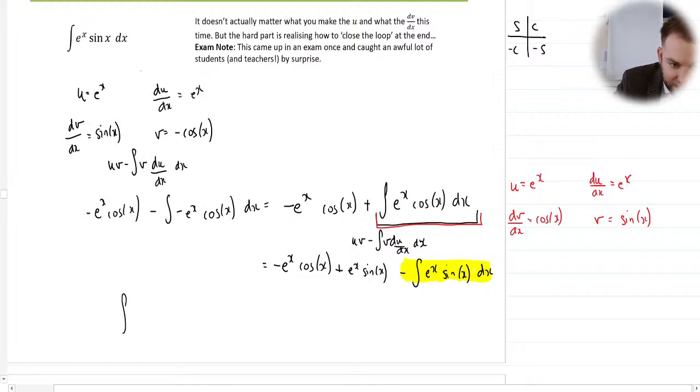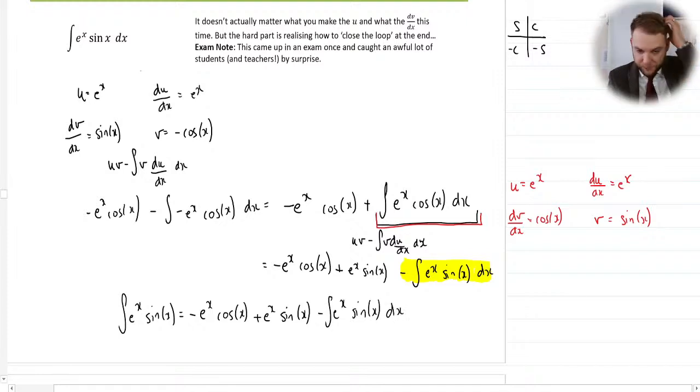I'm going to say that the integral of e to the x sine of x is equal to minus e to the x cos of x plus e to the x sine of x minus the integral of e to the x sine of x with respect to x.